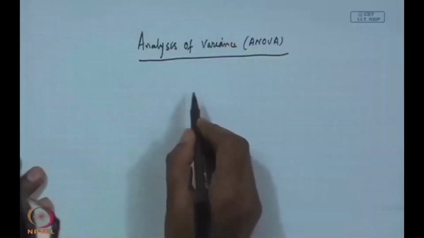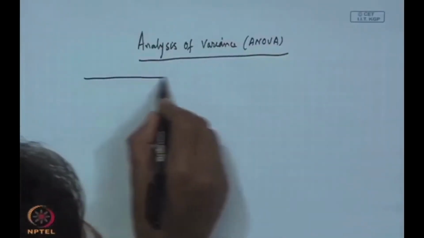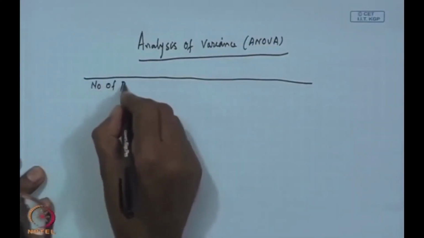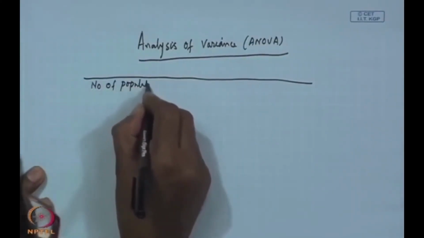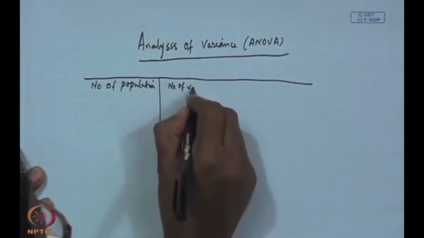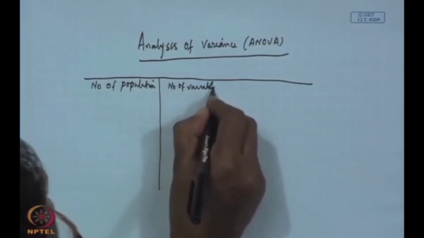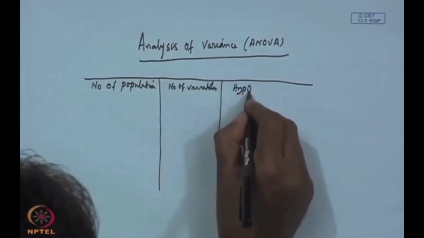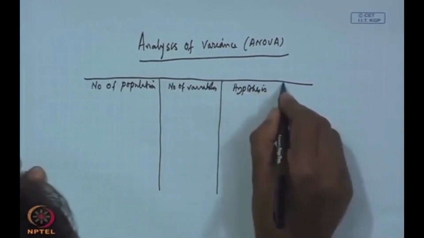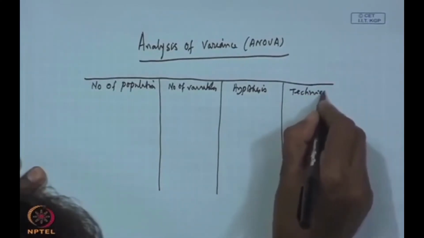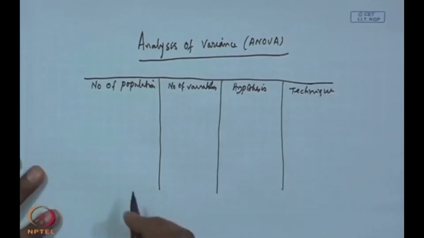If we recapitulate this, what we will find is the number of populations, then the number of variables, then the hypothesis, then the techniques used. What technique is used?